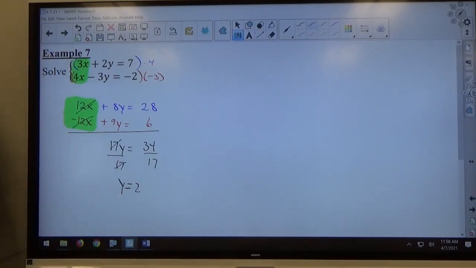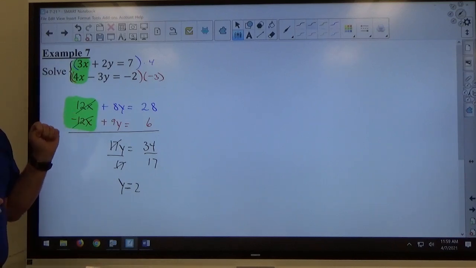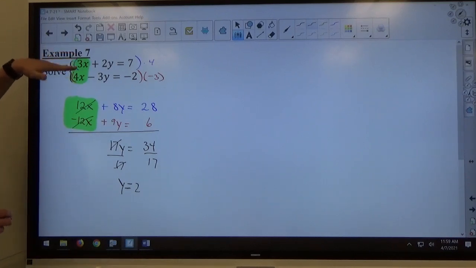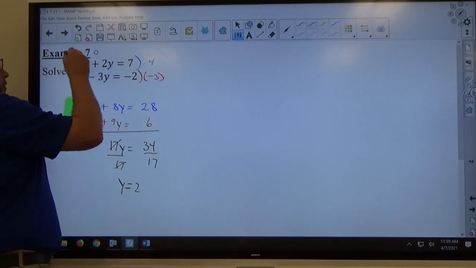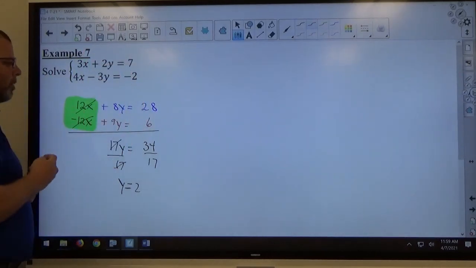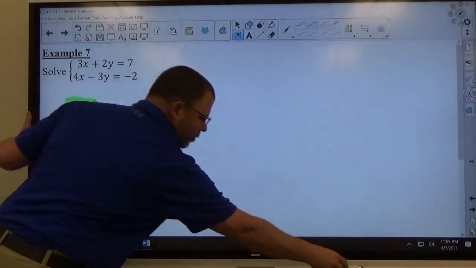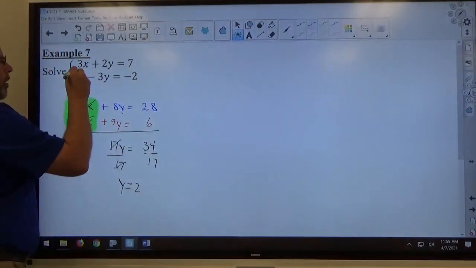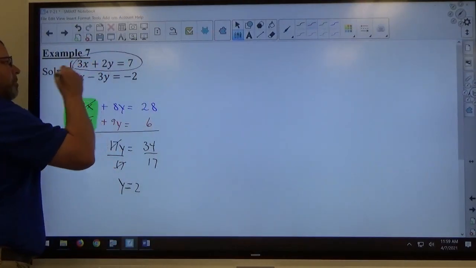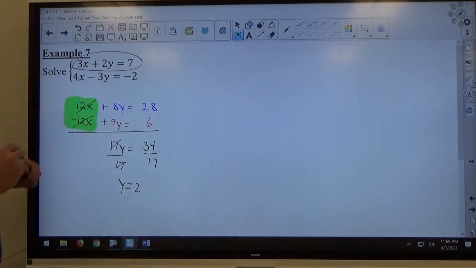As long as the x or y that you find in this step is a pleasant answer like 2 or 5 or negative 1 or something like that, substitution is probably the easiest way to find the other answer. So I go back to one of my original equations, doesn't matter which one, before I started messing with them. Let's say I go to this top equation here. It says 3x plus 2y equals 7.